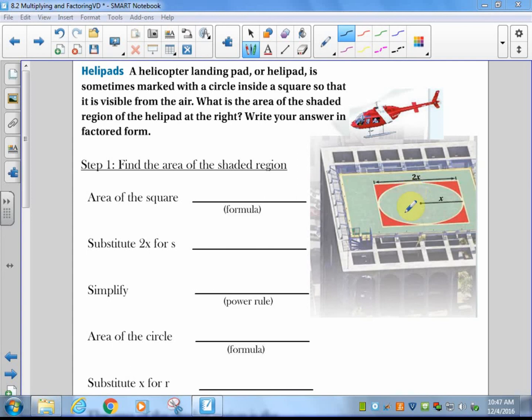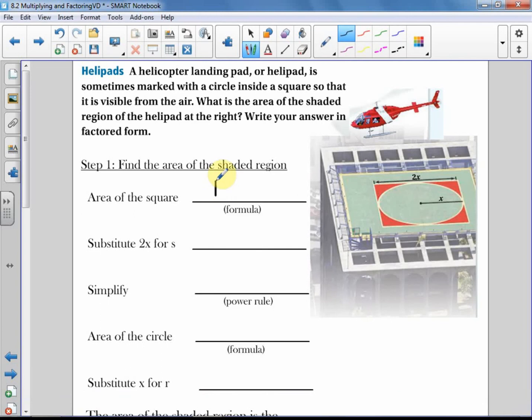We are going to subtract the area of the circle from the square to give us the remaining space. So, the area of the square, we're just going to write the formula. A of a square is s squared, side squared.